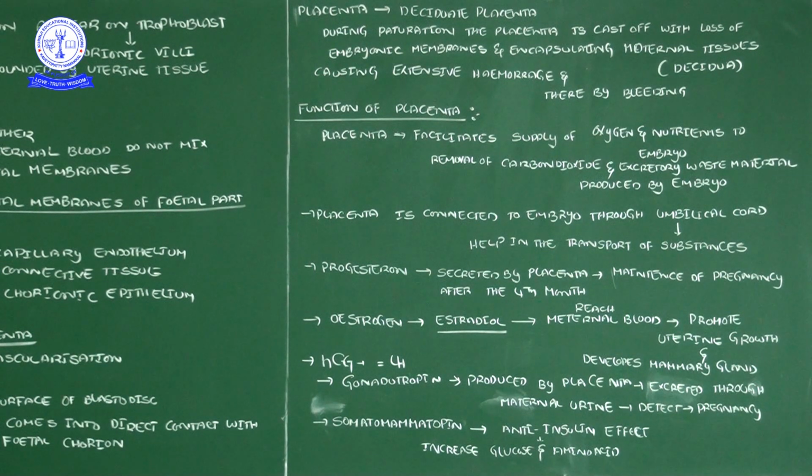That is one hormone. And one more hormone is HCG, human chorionic gonadotropic hormone. In the slide I mentioned it is equal to LH, because HCG is functionally equal to LH, luteinizing hormone.